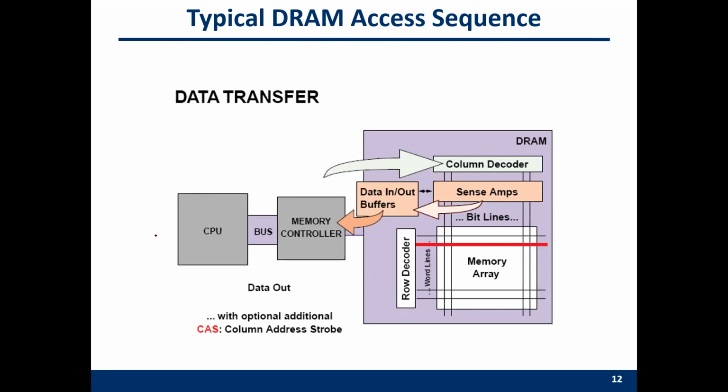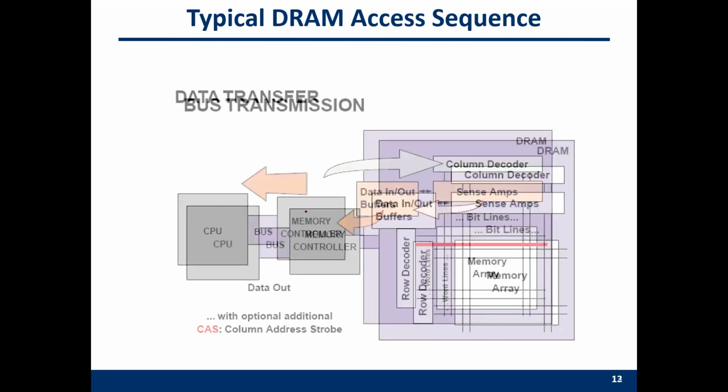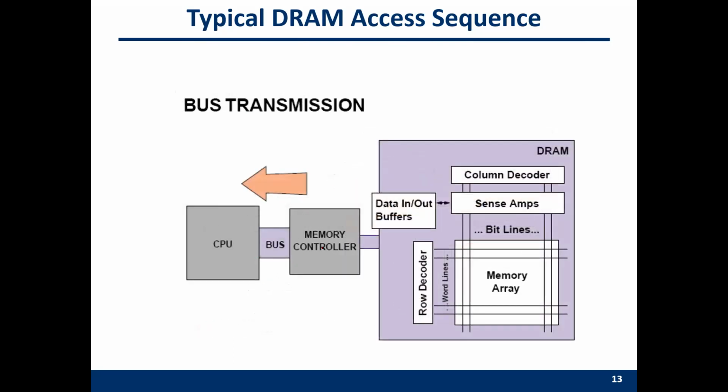Data transfer means you send this small piece of data to the memory controller. And then the memory controller will send the data back to the CPU. This bus is also called the front side bus, FSB. This is a very important metric if you do overclocking on your computer.